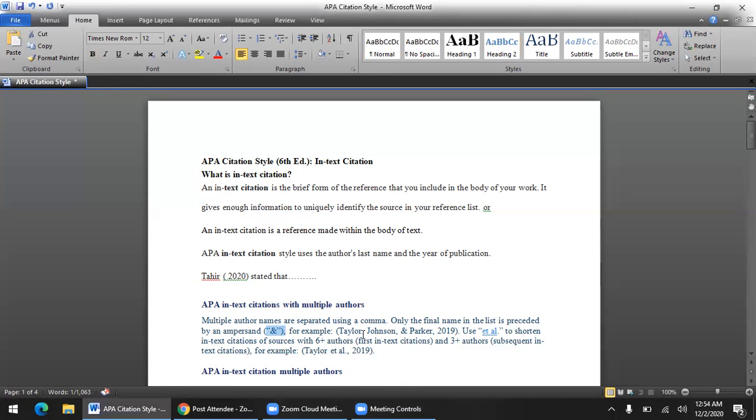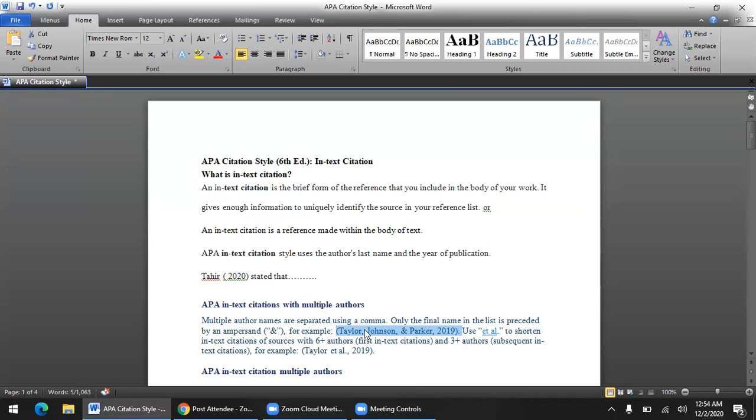For example, Taylor, comma, Johnson, comma, ampersand Parker, comma, 2019.